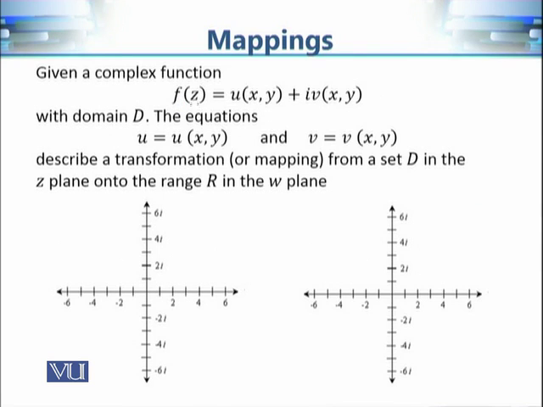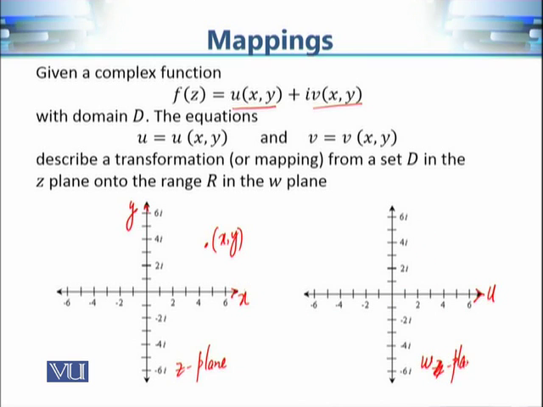We know that a function can be written as u of x, y plus iota v of x, y, where u and v are real valued functions. In this case, the domain plane, the Z plane, has two axes, the x-axis and the y-axis. We apply u on a point of this Z plane and get one real number, and we plot it against the horizontal axis in the W plane.